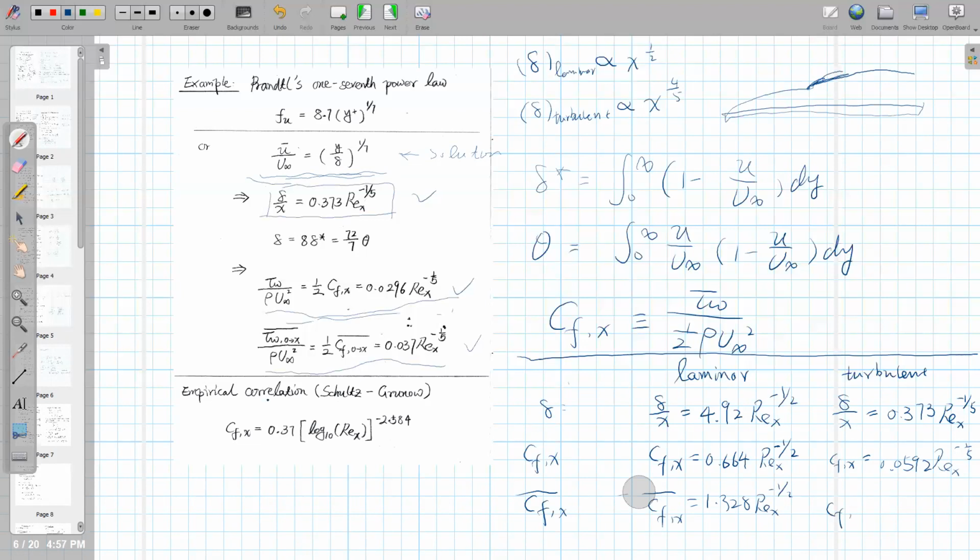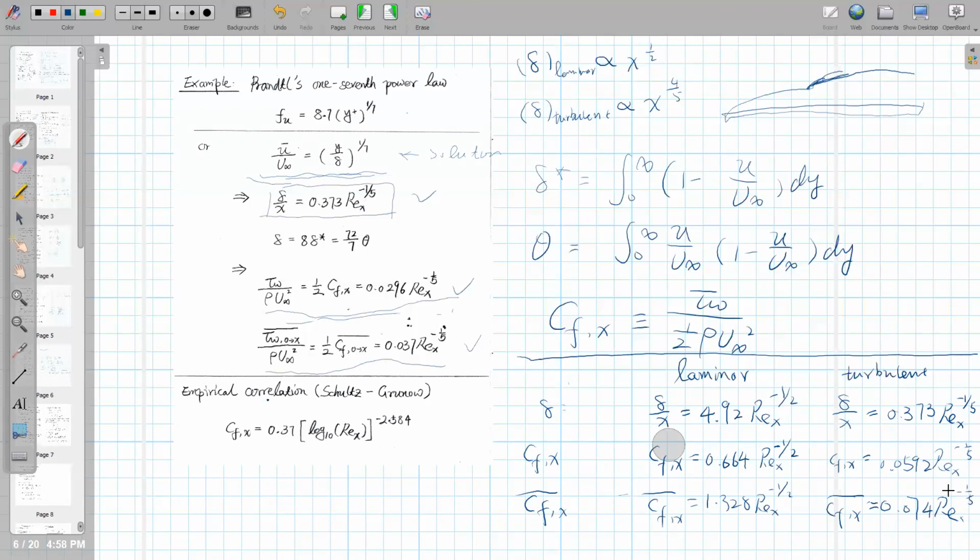And for this one, the mean value between 0 to x will be equal to this value, 0.037 times 2. So this will be 0.074 Reynolds number to the power of minus 1 over 5.